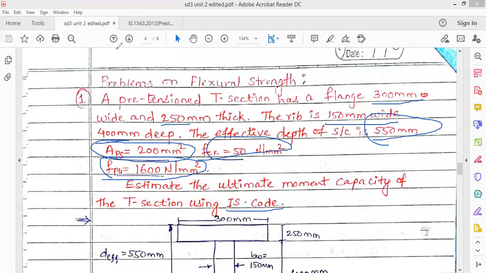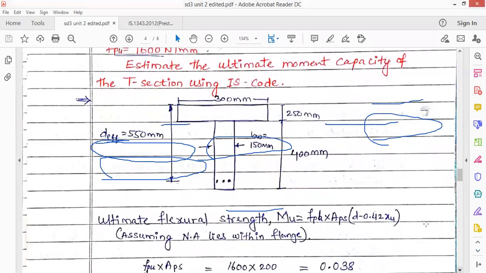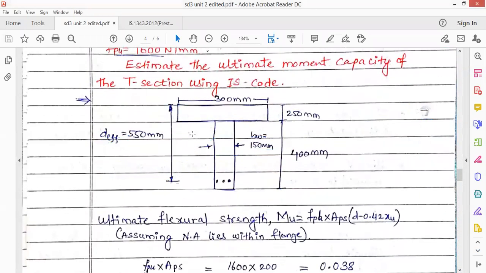So we will now refer to this figure for the details. Width of the flange 300 mm, thickness of the flange 250 mm, and we need to check whether the neutral axis lies within the flange or outside the flange. Only then can we use the suitable formula to calculate the moment of resistance, right?